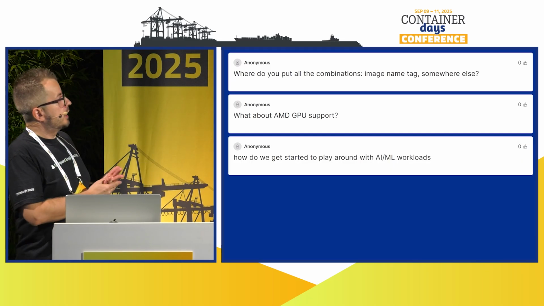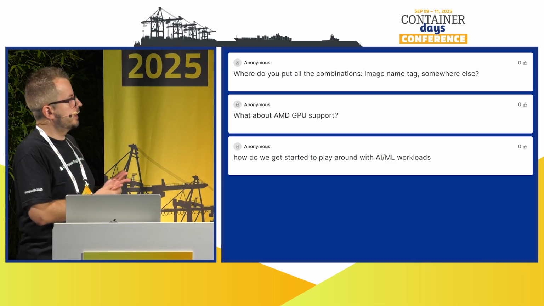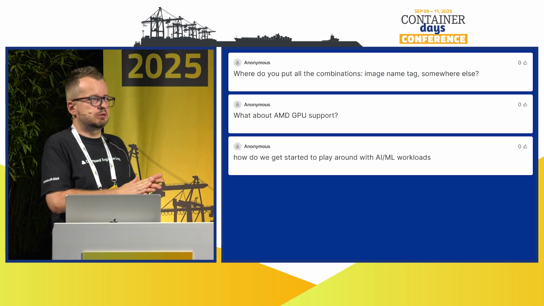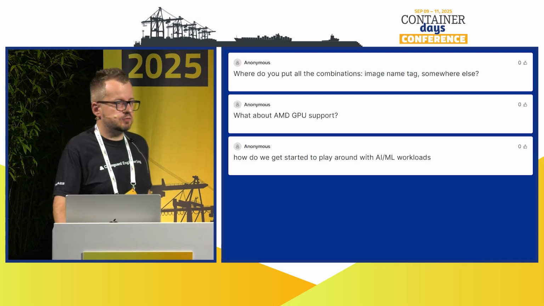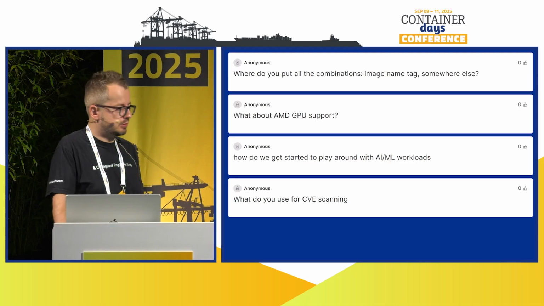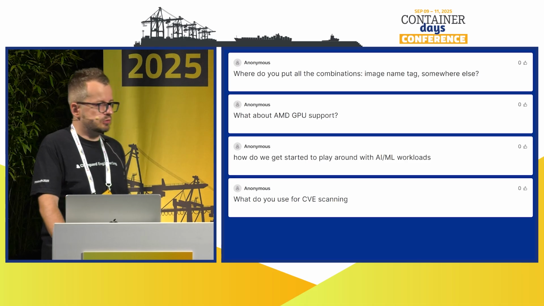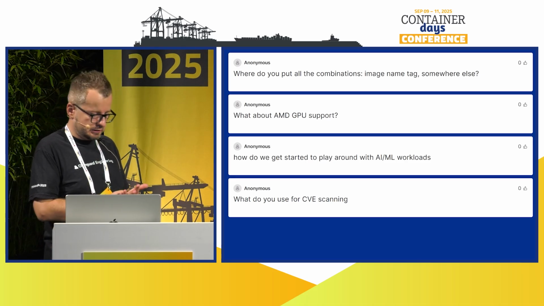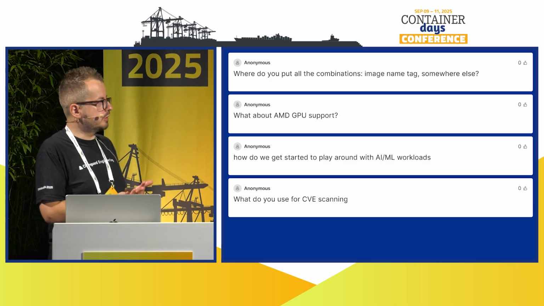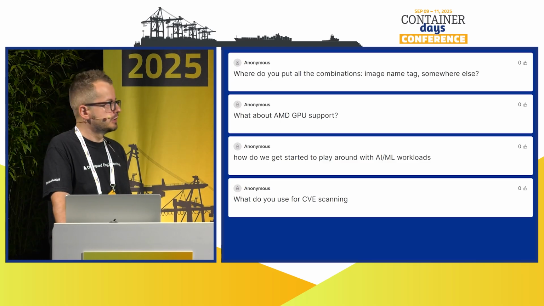Okay. How do we get started to play around with AI/ML workloads? I suppose that's a very good question. We have our own images, but there are also upstream images for PyTorch, and I think NVIDIA also has a lot of images on their registry. You need either a VM with Docker and the NVIDIA runtime for Docker, or a Kubernetes cluster with GPU enabled, and then just spin it up there.